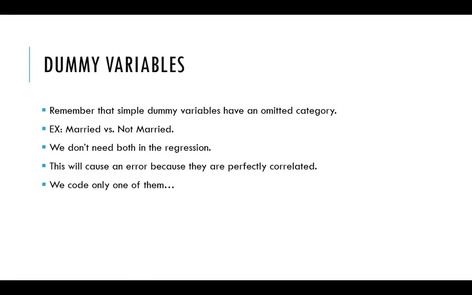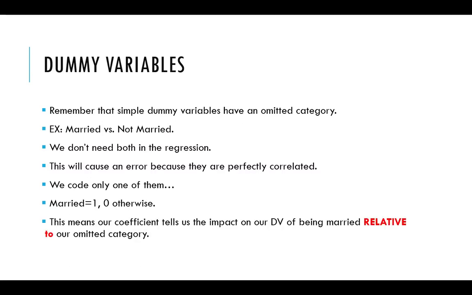So that's why we coded only one of them. We might have had gender where we had male and female, and we had to pick one or the other. In this case, we have to pick married or not married. So let's say in this case, we have married equals 1, 0 otherwise. That's all we need. We don't want to use both in our models. Interpreting this is important.